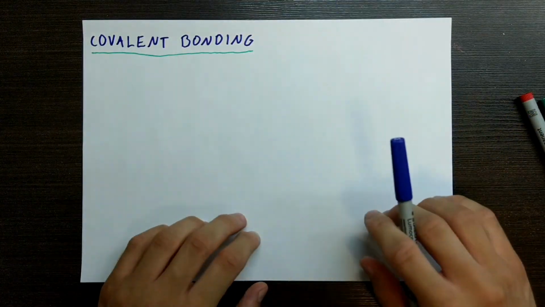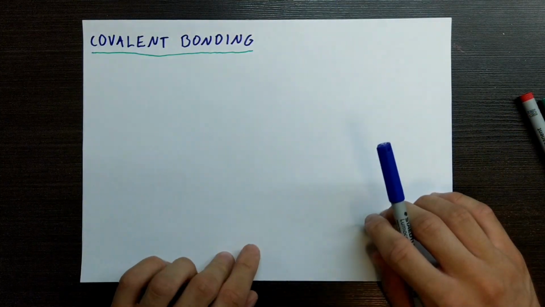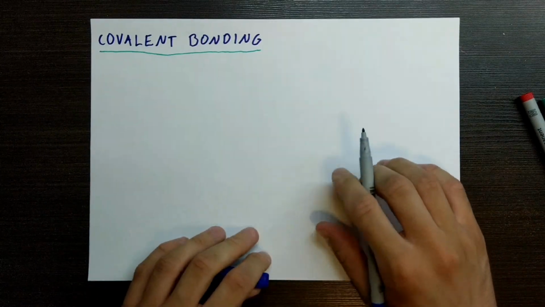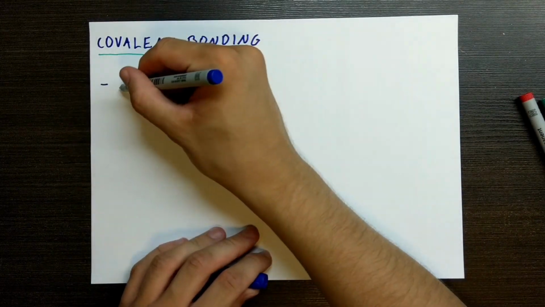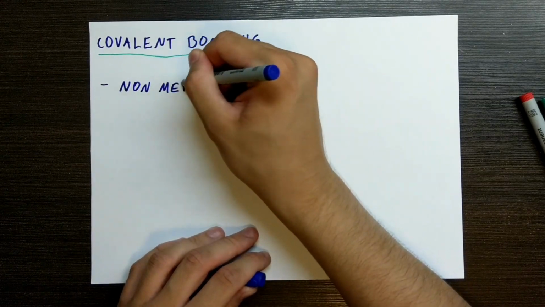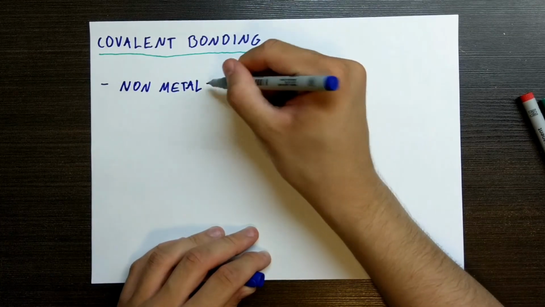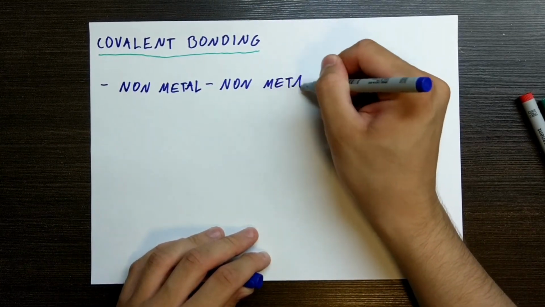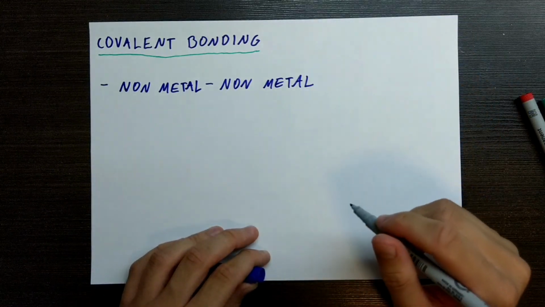There we go. Okay, so now we're going to talk about covalent bonding. Covalent bonding usually happens between non-metals. So non-metal bonded to non-metal. That's when covalent bonding usually happens.